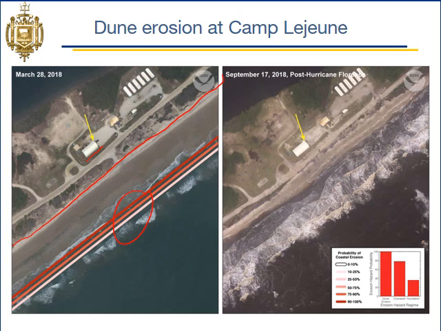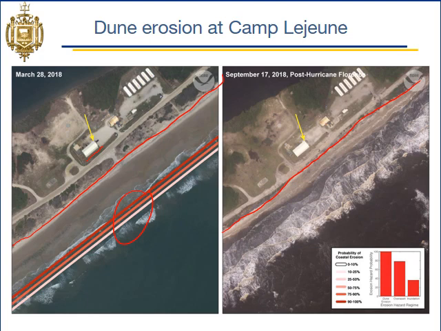Then Hurricane Florence came through, and this photo on the right was taken on September 17th, after the hurricane. Now we can see that those dunes have been sliced in half. They're almost non-existent through here, and then they sort of come back out. So a massive amount of erosion.